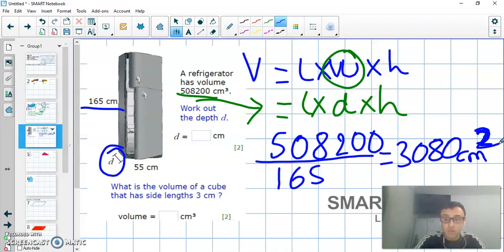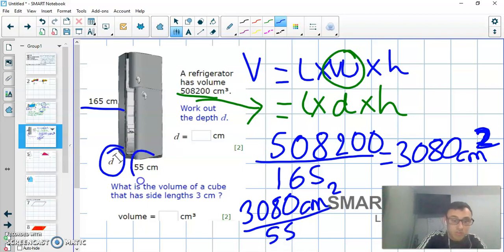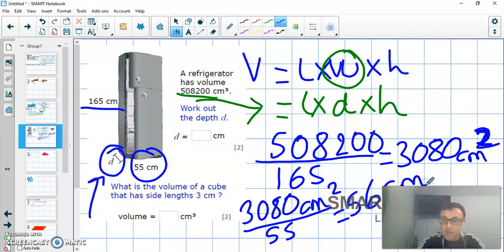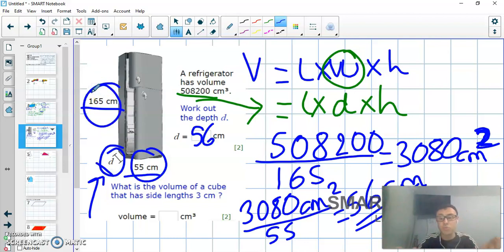And then I'm going to do 3,080 centimetres squared divided by our 55, which is this part, which will then leave me with d. Divide that by 55, so off the top of my head then that gives me 56 centimetres. So there we go. So here d is 56, which looks about right because we've got 55 here, 56 there, then 165. It's all pretty much proportionate, so we can sense check our answer.